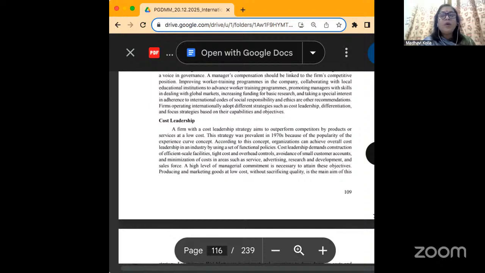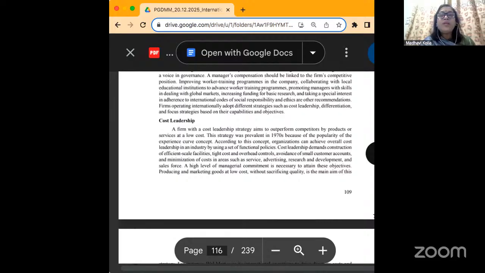At the same time, we also need to understand that to sustain in the long run, it is not just a matter of having the right strategies in place, but also adopting different strategies. It could be cost leadership, differentiation, and focus strategies based on their capabilities and objectives.